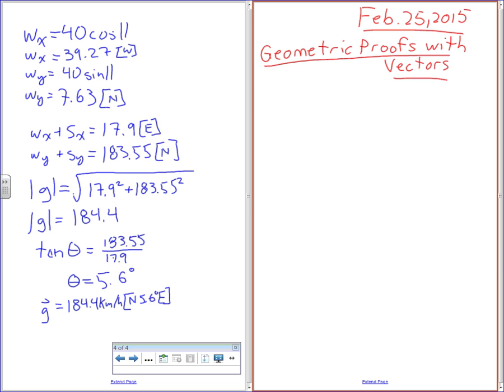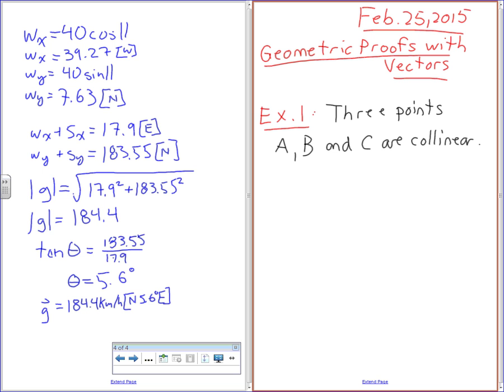This question I think was actually going to be one like this. Example 1 is going to say, 3 points A, B, and C are collinear. From yesterday and last week, what does collinear mean again, please? Straight line. Let O be any non-collinear point.